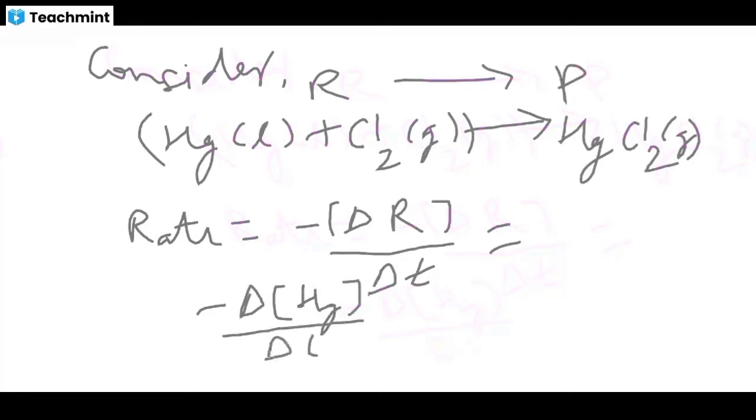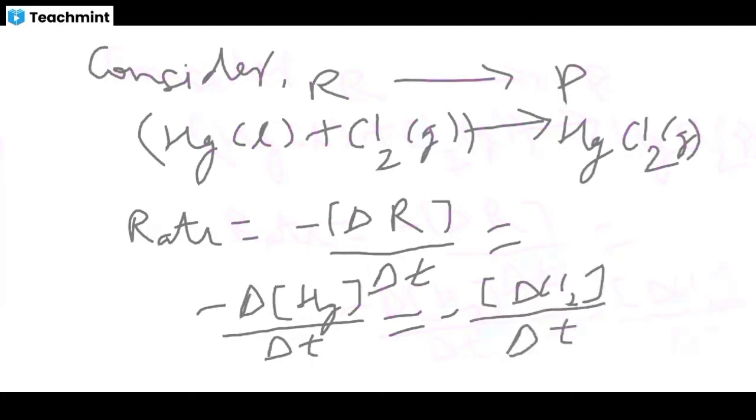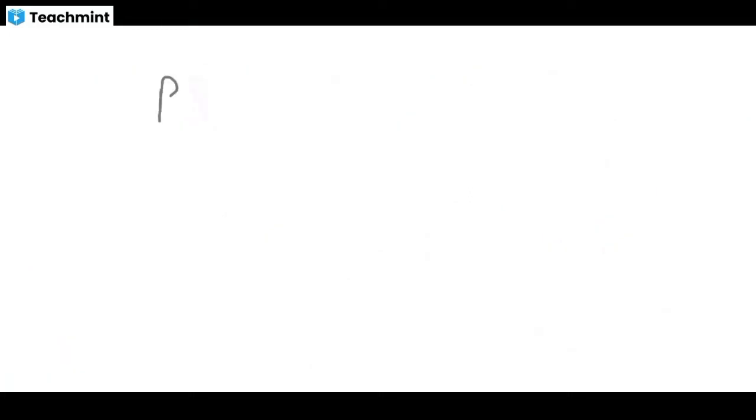This rate must equal minus del Cl2 upon del T, and that must equal del of HgCl2 upon del T, because the rate forward must equal the rate backward.